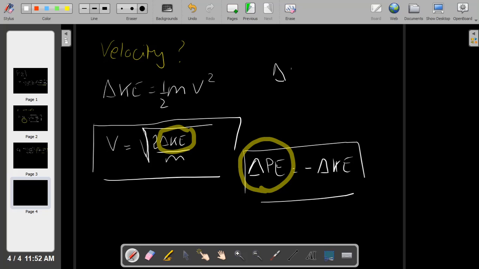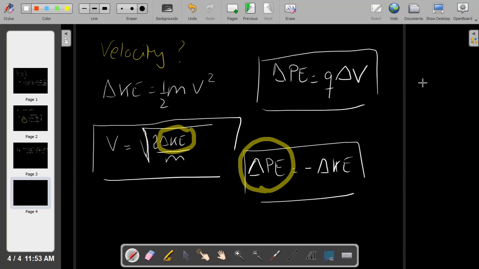A change in potential energy equals the charge that is moving multiplying the change in electrical potential. So that's the other formula you're going to need to be using. You have everything now. Once you have this, you'll be able to find the kinetic energy. When you have your kinetic energy, you'll be able to find your velocity. That's how you connect everything.